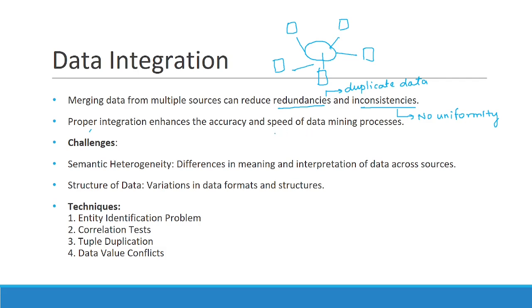It will increase speed of data mining process, because in real world the data is huge, and if in that huge data you keep the duplicates as it is, if you keep that inconsistencies as is, then it will reduce speed of your process and it will give you inaccurate result. So to avoid that, proper data integration process must be followed.